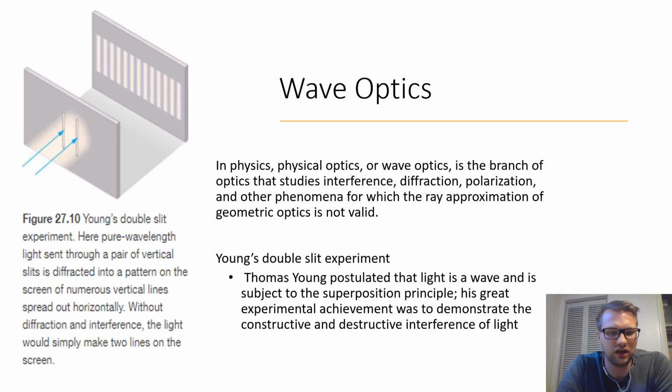You can see there on the left in figure 27.10. When he shined a beam of light through slits, he noticed that because of how the behavior of light works, on the screen further back you see different patterns. We're not going to get into that, but for the purpose of this video, it's important to understand constructive and destructive interference so that you can understand different experiments later on in physics.